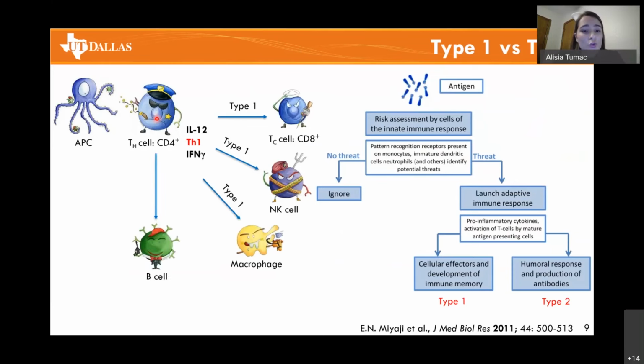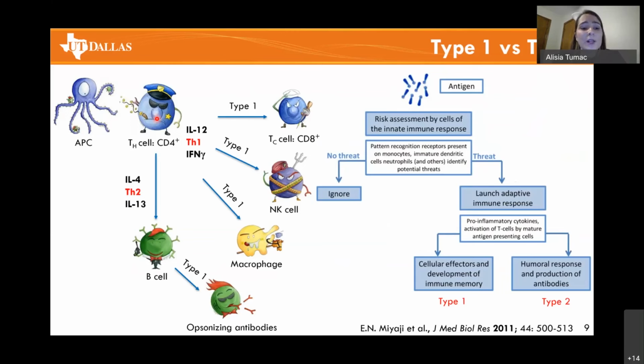Interferon gamma can also cause B cells to proliferate and turn into plasma cells, which will later travel into the blood or lymph and then tag the pathogen with opsonizing antibodies. Opsonizing antibodies are essentially tagging the pathogen and recruiting more CD8 cytotoxic cells and natural killer cells and macrophages over to kill the pathogen.